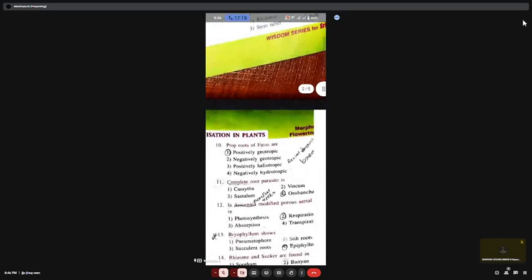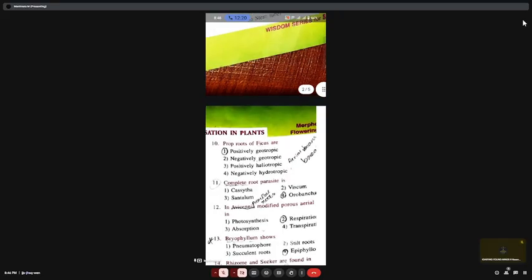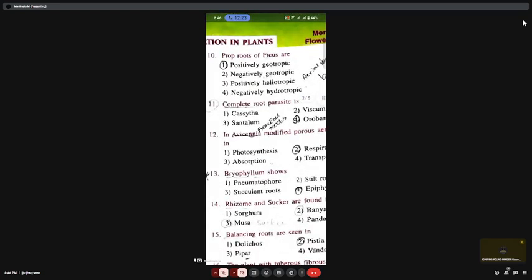And next one, the prop roots of Ficus are positively geotropic. Can you tell me what is positively geotropic and negatively geotropic? What is the difference?